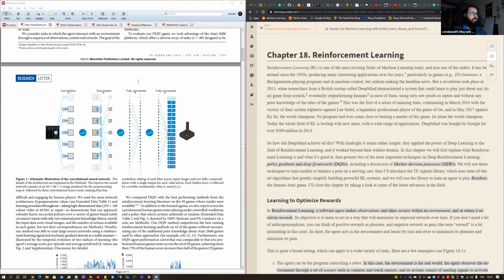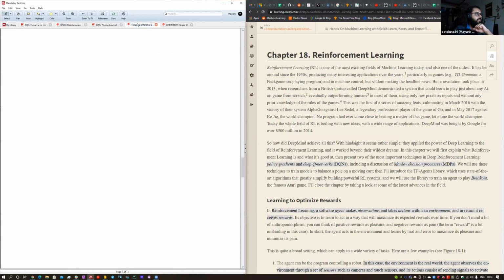Okay, so let's start from the top. Here we go through reinforcement learning, and in the first paragraph, the author discusses the many interesting applications with respect to games. Here we are referring to the TD Gammon backgammon playing program that was introduced in the 1950s.